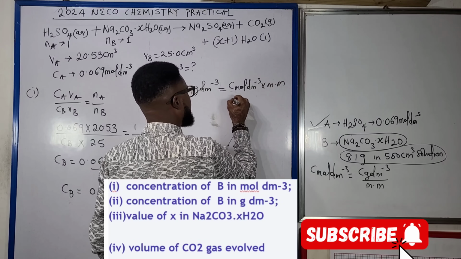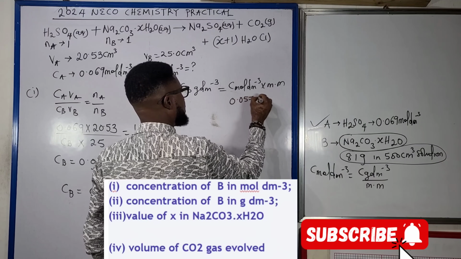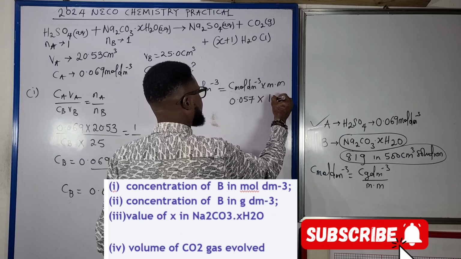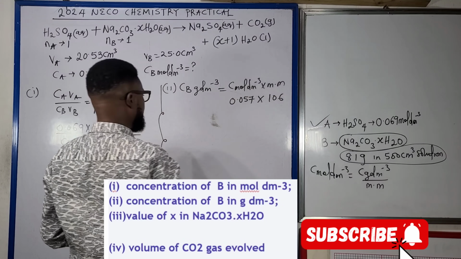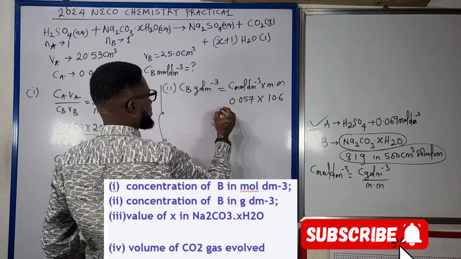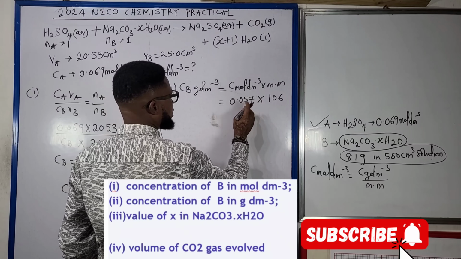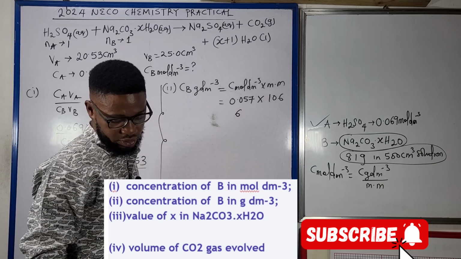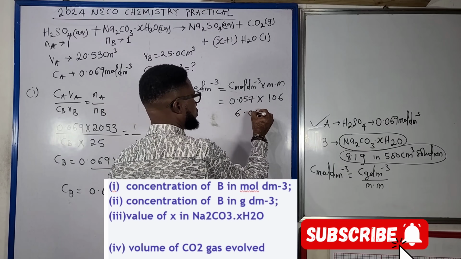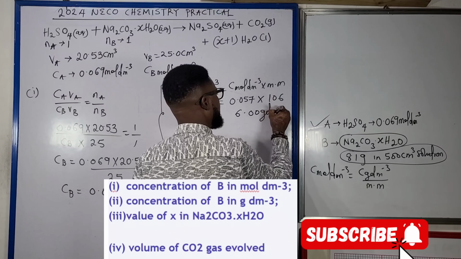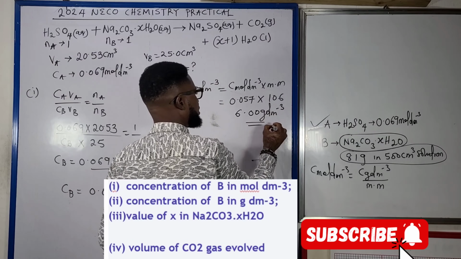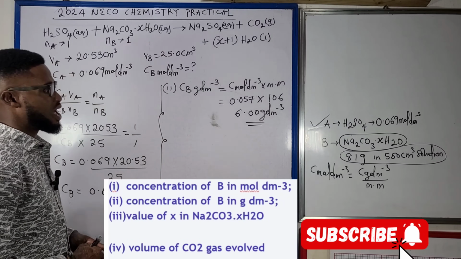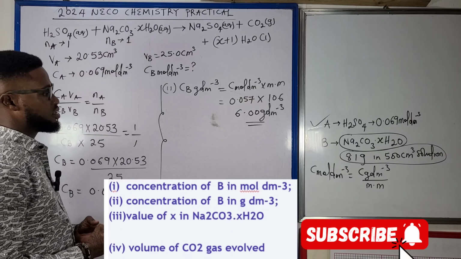In this case, 0.057 times 106. Your Na2CO3 is 106 here. So what I'm going to have is 0.057 times 106. I'm going to get 6.00 gram per dm cube. That is what my answer is going to be.